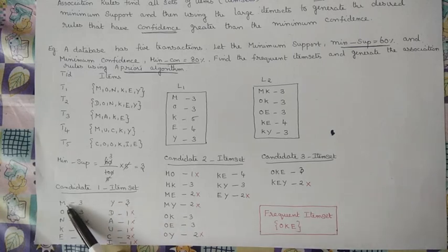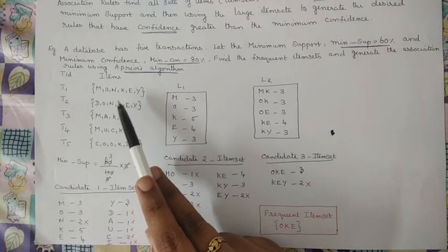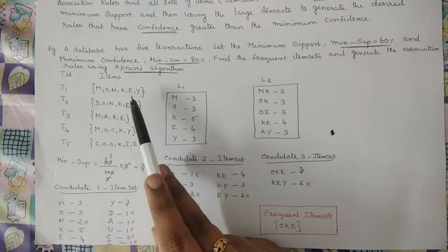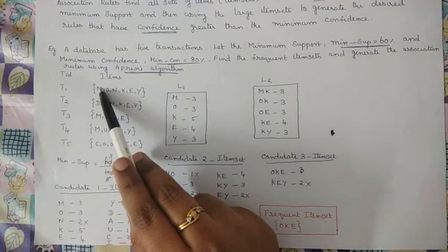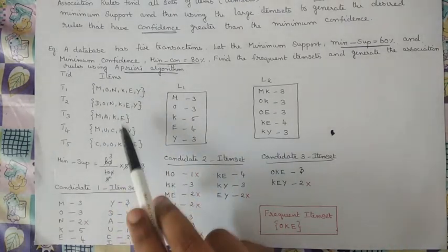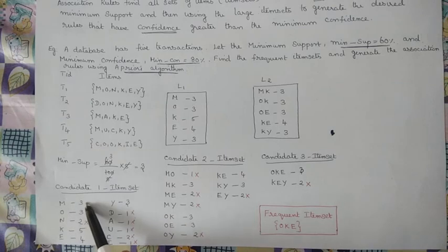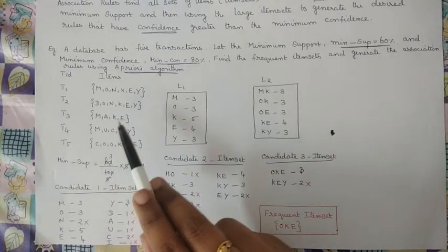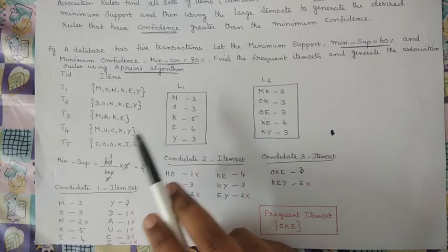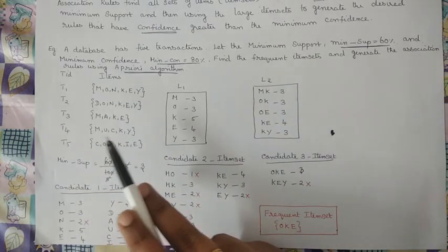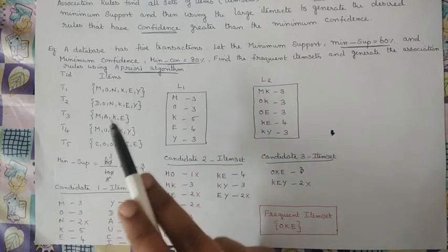For example, I have taken M, and I see in how many transactions M is present. If you see, 1, 2, 3, it is present in 3 transactions. So I take the value of 3. For each and every element, I find out in how many transactions that particular element occurs.